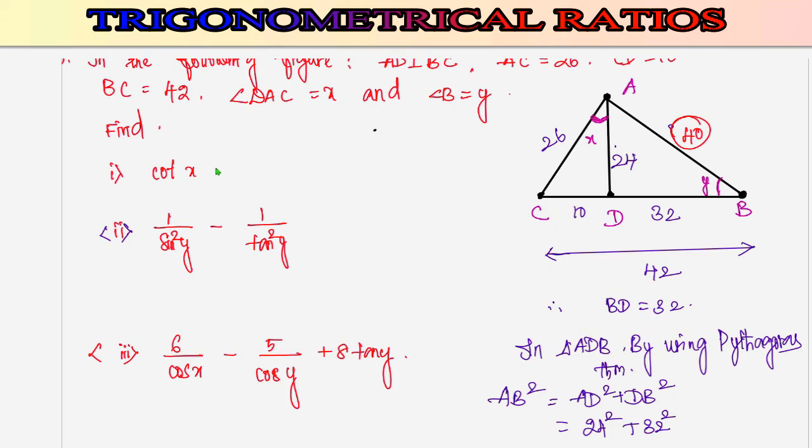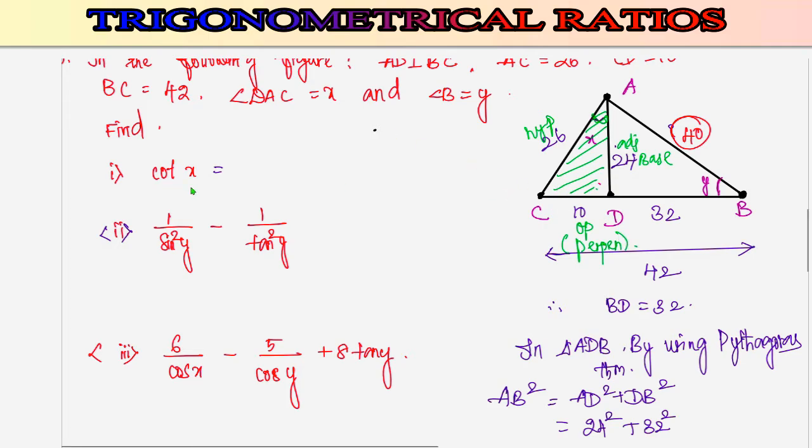Okay, now cot x is equal to, now you need to consider only this triangle. In this triangle, opposite to this x is the opposite side, this is the hypotenuse side, and this is the adjacent side. So cot x is equal to, you can consider the adjacent side as base and the opposite as perpendicular.